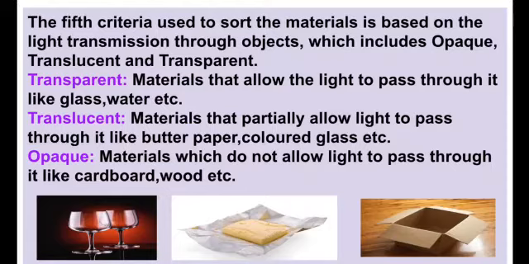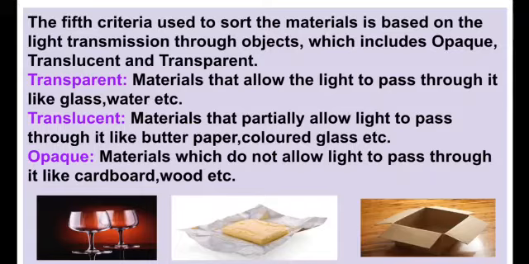Things like polythene sheet are also transparent, so we can see through the transparent sheet. That is why it is very visible, and it comes in the category of transparent things.